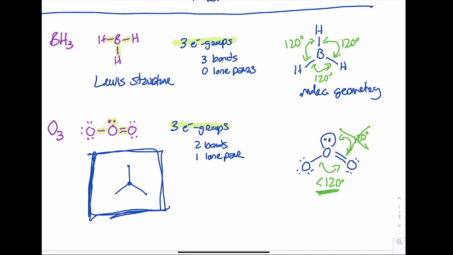So for BH3, all 3 spots were a bond angle because there were bonds in all 3 spots. With ozone, O3, I only actually have 1 bond angle. If I was to label it over here, I'm not labeling a bond angle because this is not a bond. So again, be careful. If I ask you to label bond angles, make sure you label bond angles and not things that are not bond angles.